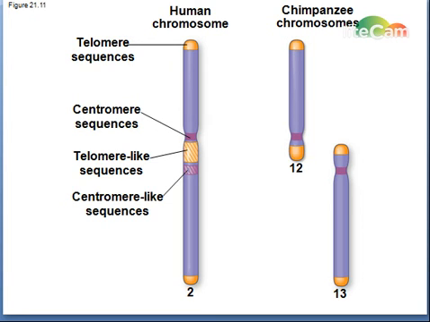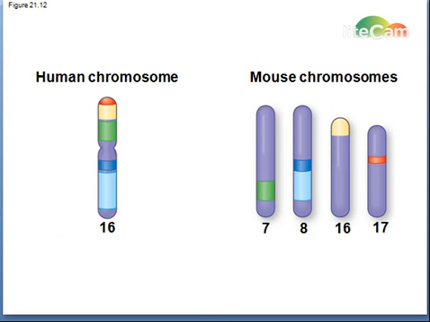It was originally believed that chromosomes 12 and 13 in chimpanzees came from the original ancestor, and when divergence occurred, these 2 joined together to form human chromosome 2. That is how we got the reduction from 24 to 23 pairs of chromosomes. Then this picture shows the relationship between the human chromosome and mouse chromosomes.